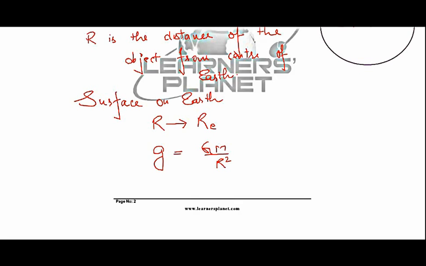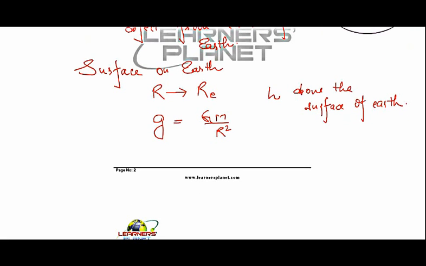So if we now calculate the acceleration due to gravity at a height h above the surface of Earth, then what are we going to get? Yes friends, r would be the distance of the object from the center of Earth.